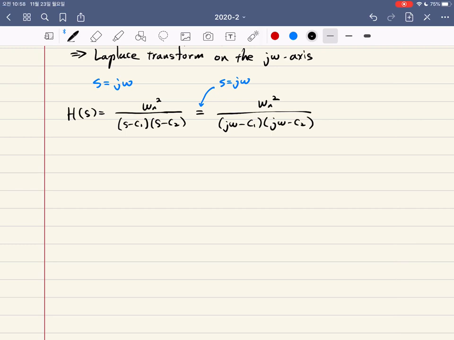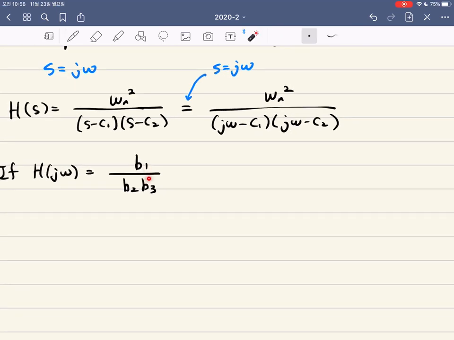If H of j omega is expressed similar to this one, maybe from the general point of view, if it consists of B1 over B2 times B3 like this, then we can represent each B in polar form.